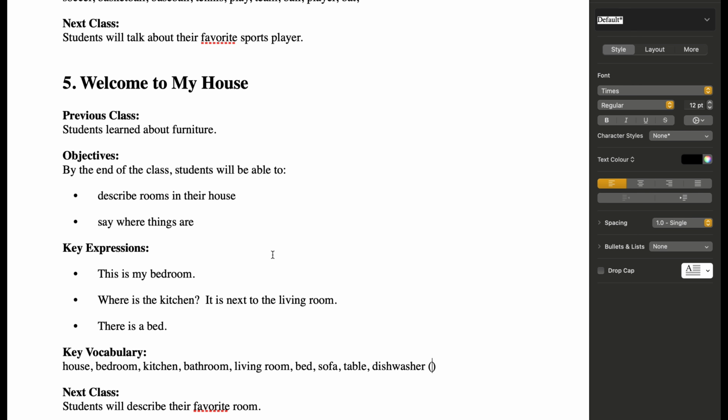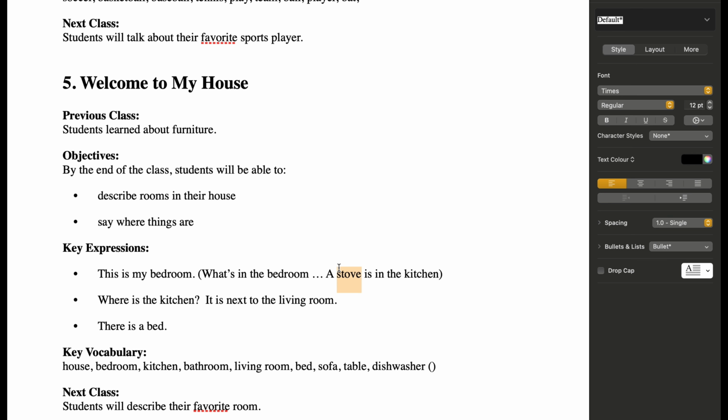What's in the... So this would fall under key expressions. What's in the blah blah blah? Here we say this because it has to be a question. What's in the kitchen? A stove is in the kitchen. What's in the bedroom?